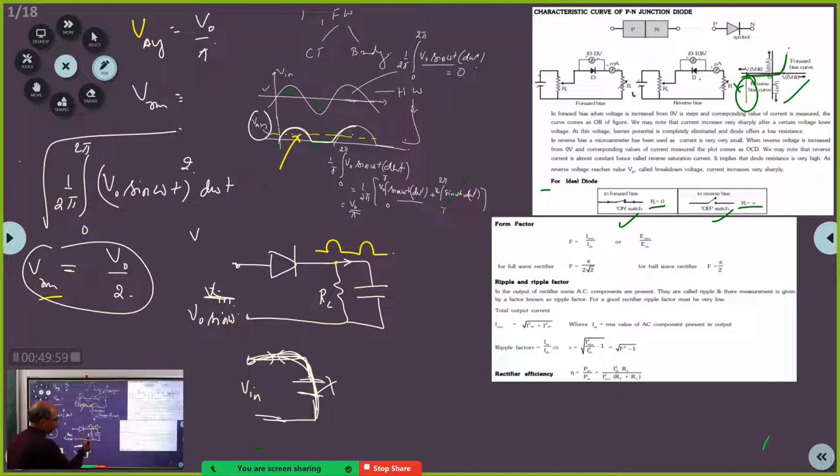But here the average is not 0. So if you have this sort of circuit, you will consider the average value of this waveform and do the calculation, because you are interested in the average value. Depending upon this average value, I am going to charge the capacitor. Got it?